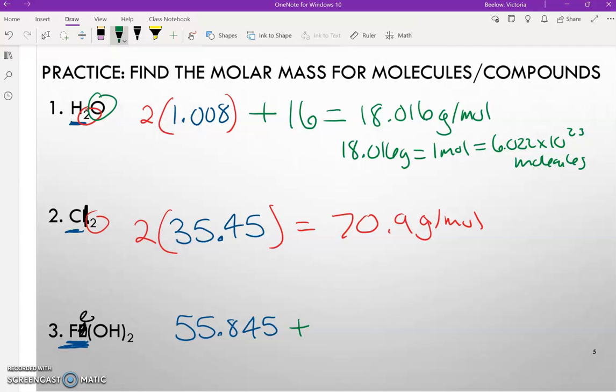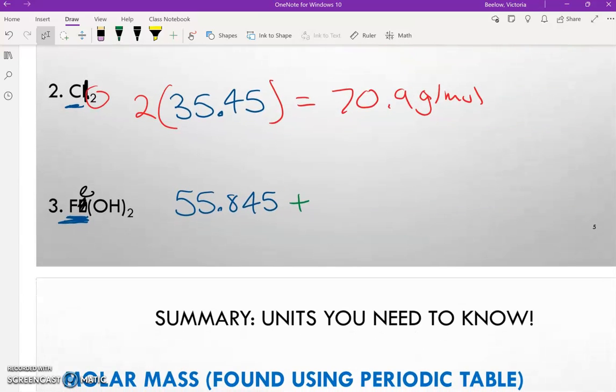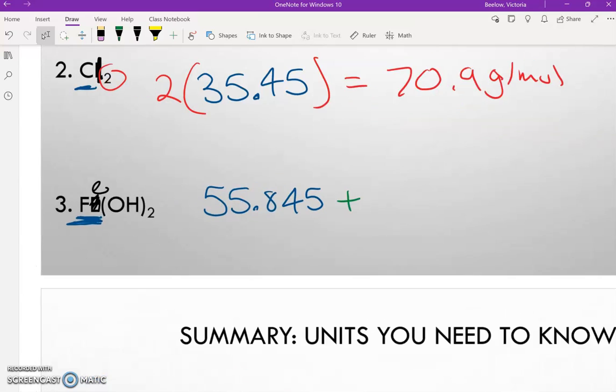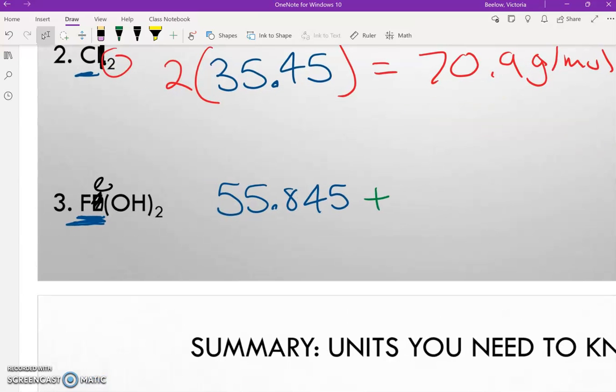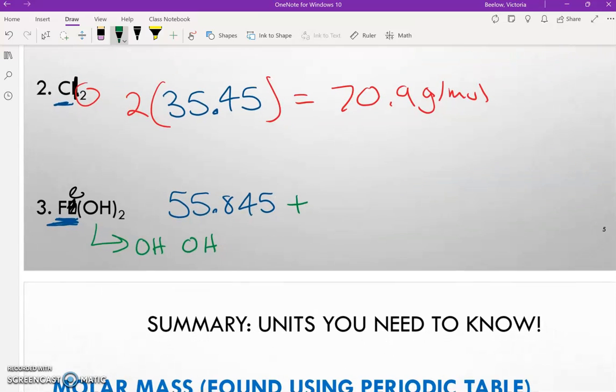Plus, all right, so here is the part where it gets tricky. I have this, and then I have this on the outside. So again, there's two elements inside of parentheses, and then there's a number on the outside. So this is literally saying that you have two OHs. It's called hydroxide. So you have two oxygens.